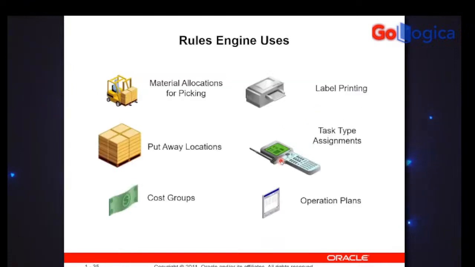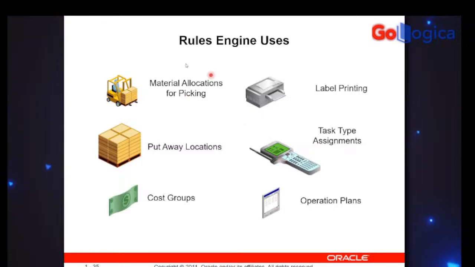So what does the rules engine use? The rules engine will use your material allocations for picking and put away locations, cost groups, label printing, task type assignments, and operation plans. We have discussed all of them in detail earlier.